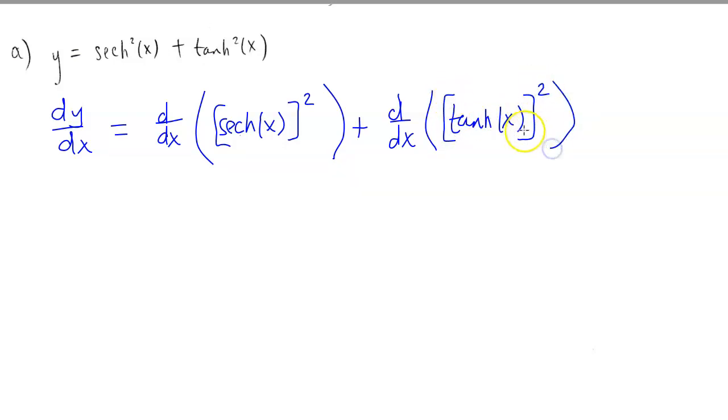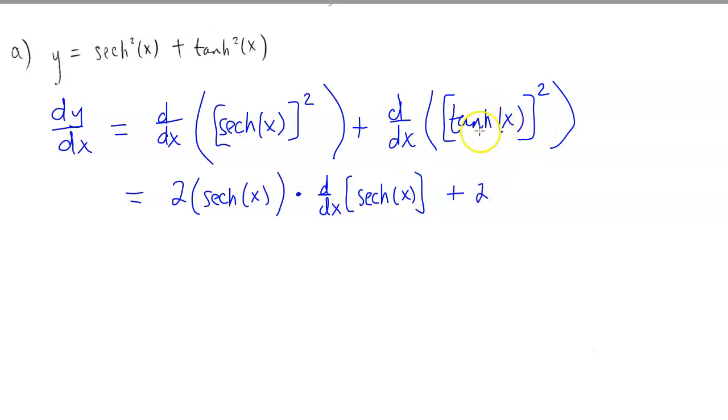And so I'm writing it this way so that you know that, yes, we will be using the chain rule for this. So the derivative of the first term will just be the derivative of blah squared, which would just be 2 times blah. And of course, I'm saying blah to cover secant hyperbolic, times, now we need to do the derivative of secant hyperbolic, and we'll do that in the next step.